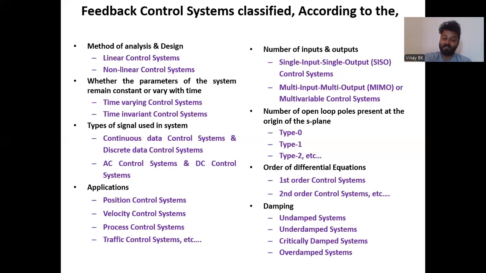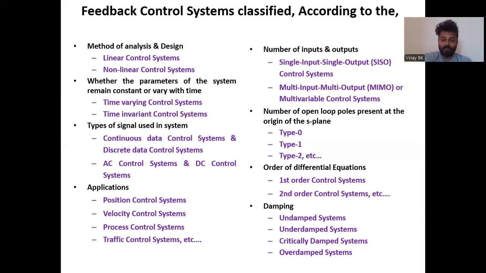Based on the applications: position, velocity, process, traffic control systems. In general, a traffic control system means you are controlling the traffic with the help of red, yellow, green. Okay. And based on the number of inputs and outputs: single input, single output control systems and multi-input, multi-output control systems.